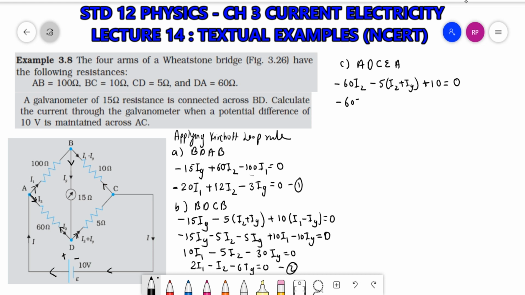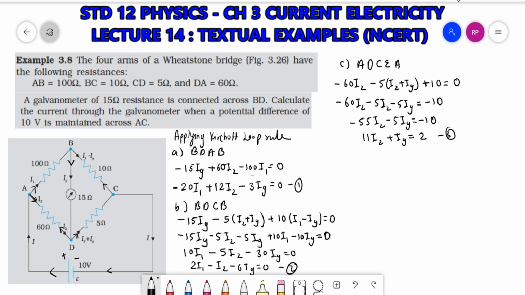So minus 60 I2 minus 5 I2 minus 5 IG equal to minus 10. Clear? Now let's take minus 5 common. So minus 60 I2 minus 5 I2 will be minus 65 I2, minus 5 IG equal to minus 10. Taking minus 5 common, 13 I2 plus IG equal to 2.